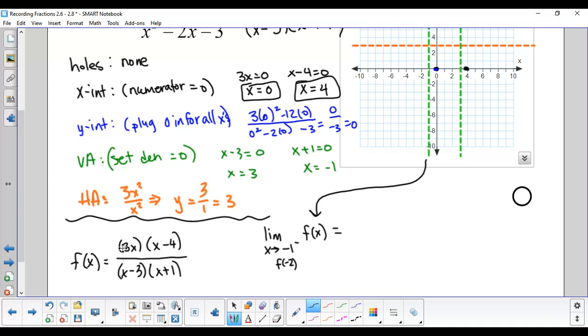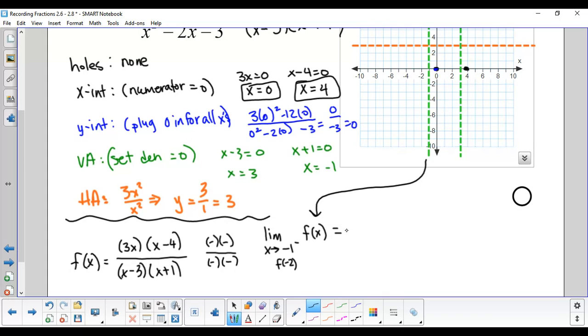If I plug in a -2 for x in each of my parenthesis terms, what I find is that a -2 in for the first parenthesis would produce a negative number out. A -2 minus 4 would produce a negative number out. A -2 in for x minus 3 would produce a -5, and a -2 plugged in for x would produce a -1. 4 negative values will end up producing a positive.